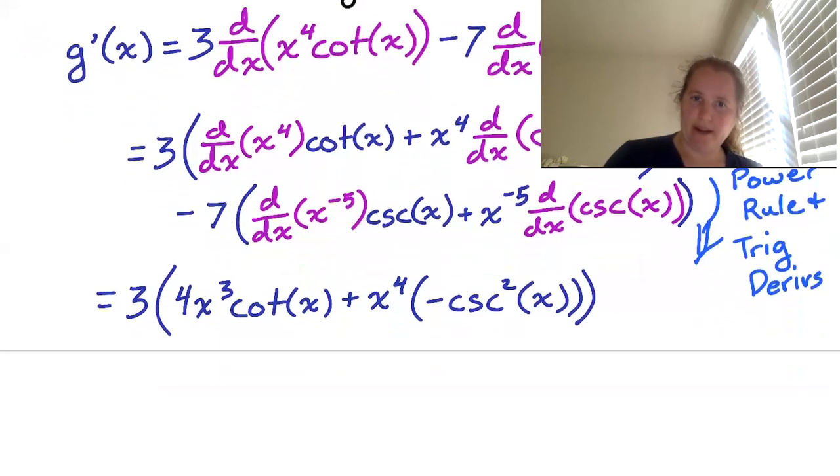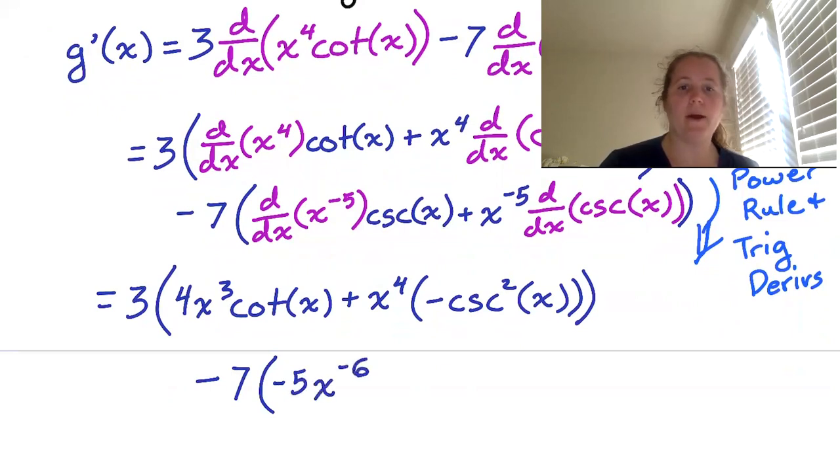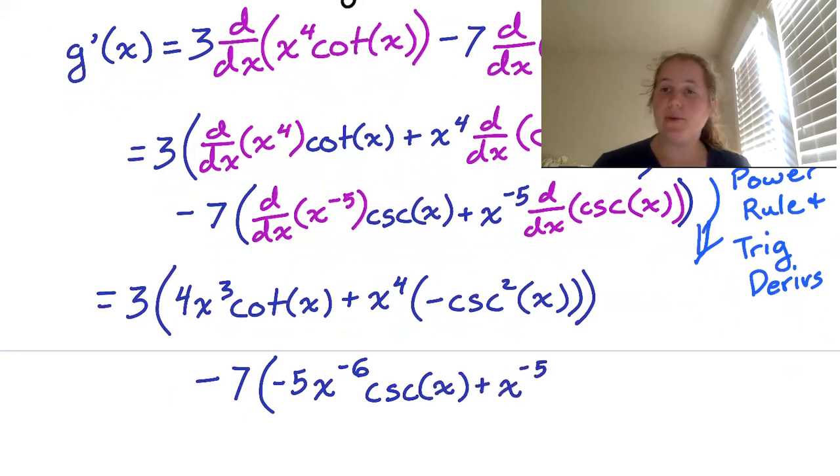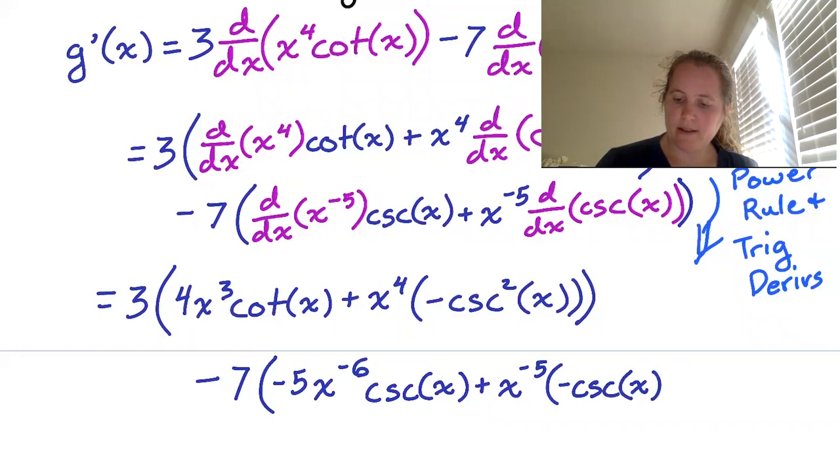Then we are subtracting 7 times the derivative of x to the negative fifth, which is negative 5x to the negative sixth by the power rule, times cosecant of x. Then plus x to the negative fifth times the derivative of cosecant x, which is negative cosecant x times cotangent of x.